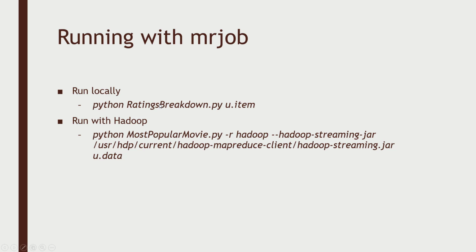Now, when you're ready to actually run it on Hadoop, you can use a syntax like this. Again, Python, script name, and then we're going to do -r hadoop, and that just tells the MRJob framework that I'm actually going to run this on a Hadoop cluster for real, and it's going to actually use a resource manager and a Hadoop application manager and actually distribute that job if it makes sense to do so, right?